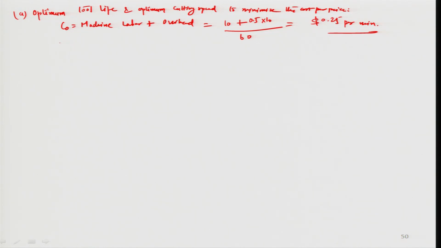So, let us also try to estimate the CT, which is the actual tooling cost, and here the original cost of the tool per cutting edge would be important.